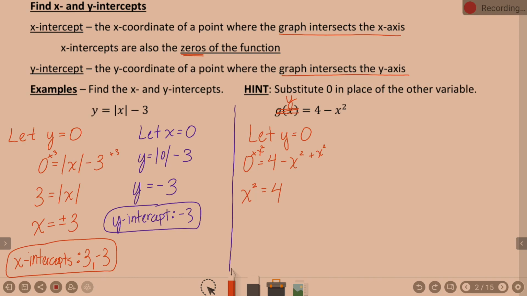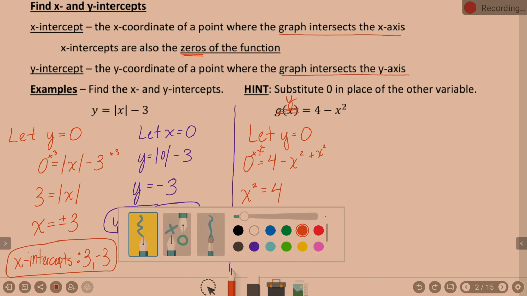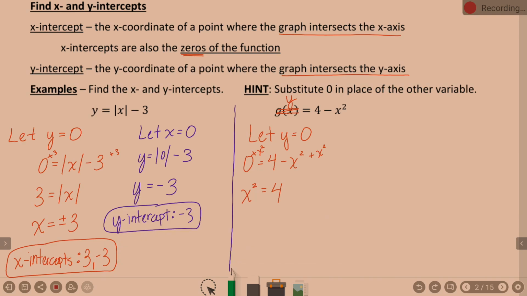X squared equals 4. How do I solve for x? You take the square root. Yes. If you have x squared and you're trying to get it to become x, you take the square root.